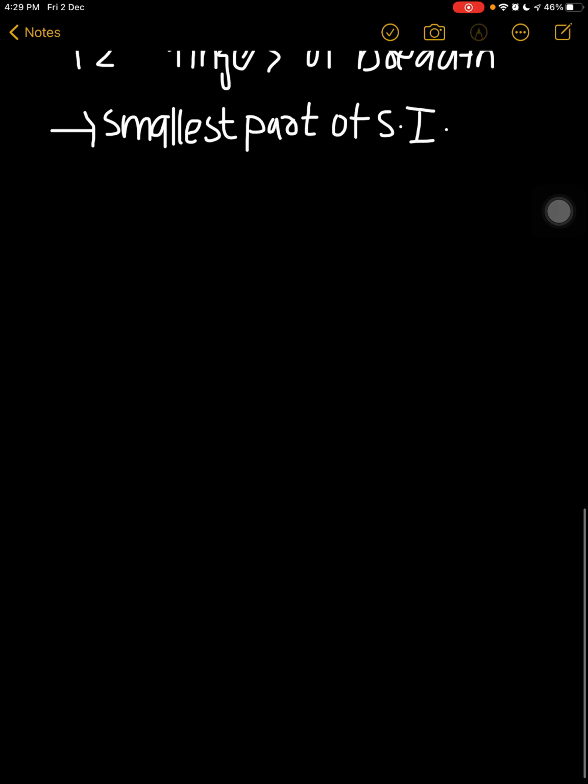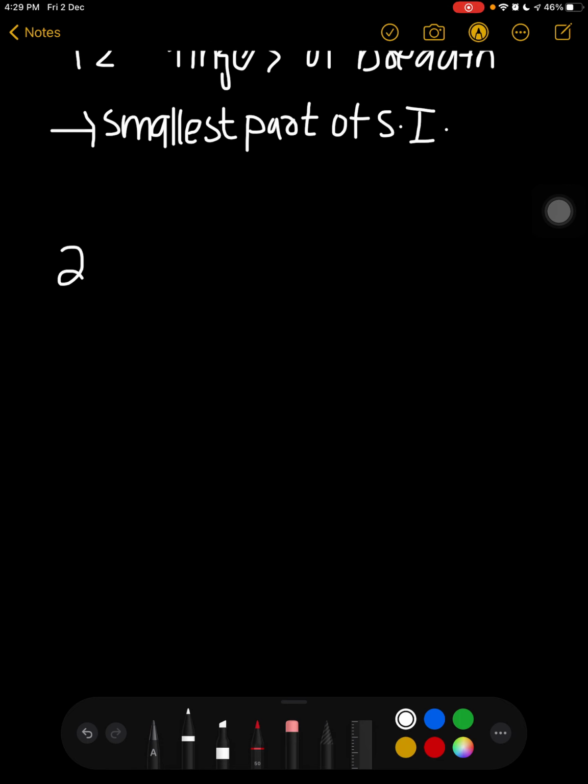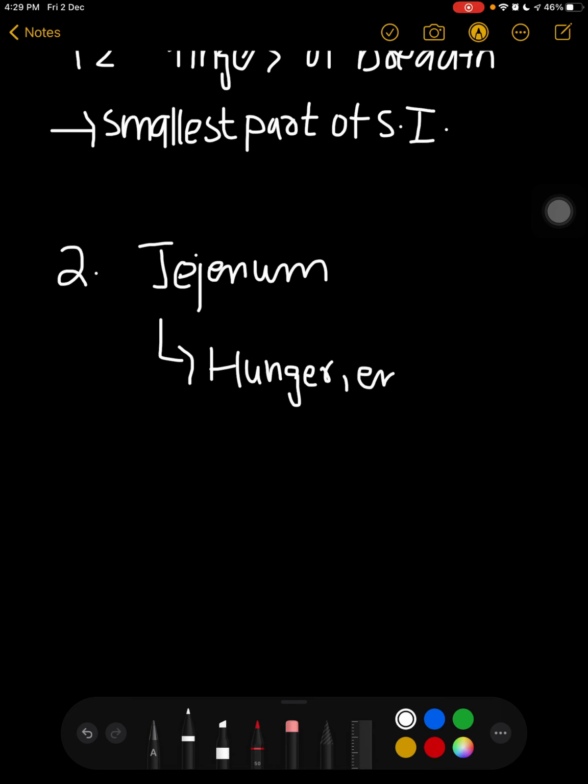Now next we have jejunum. Second is jejunum. Right, what does jejunum mean? Actually, jejunum means hunger or empty.